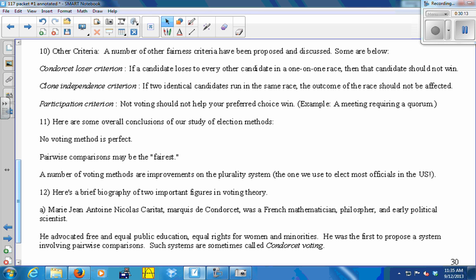And then there's a participation criterion, and this one says that not voting should not help your preferred choice win. So for example, Ian Winokur gave me this example.